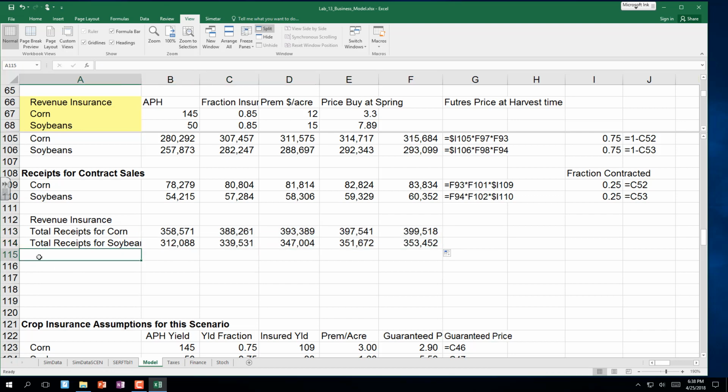My insured revenue for corn, and then I have an insured revenue for soybeans.